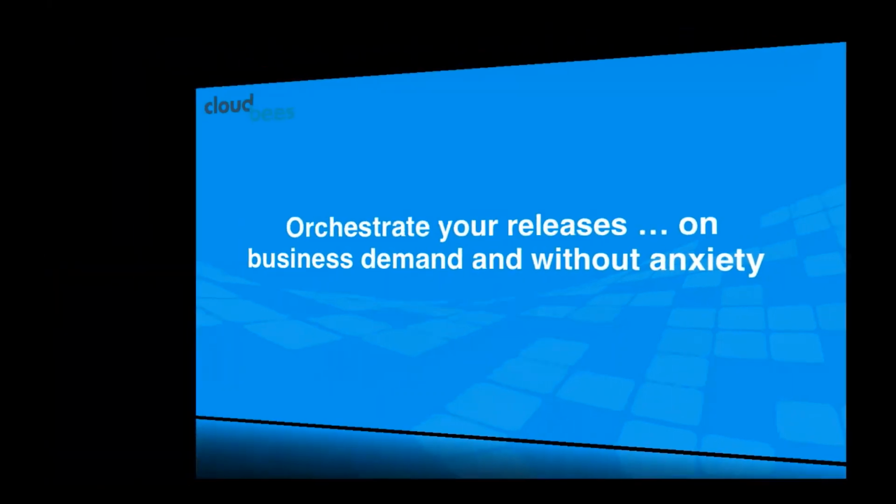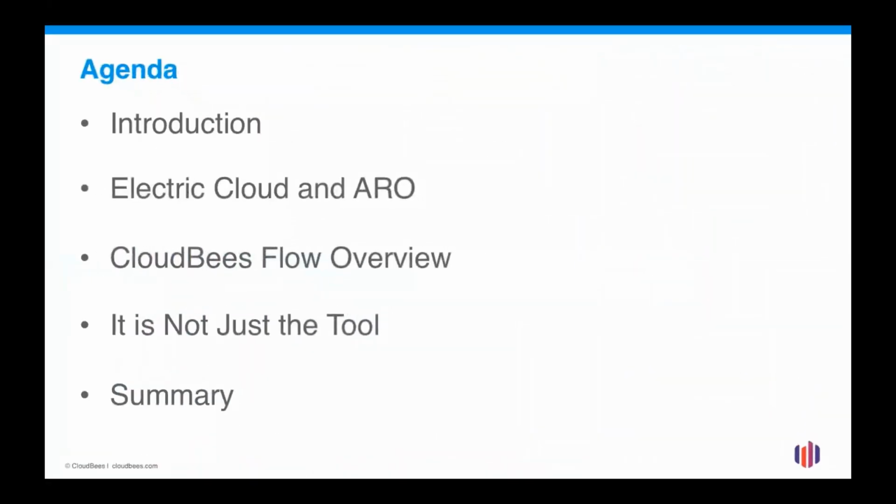That said, we will go through an agenda today after a small introduction about that webinar: who used to be Electric Cloud, today part of CloudBees, and its journey into application release orchestration; an overview of CloudBees Flow, how it works and what we can achieve with Flow, what the benefits are; and we will close with something else about the tool.